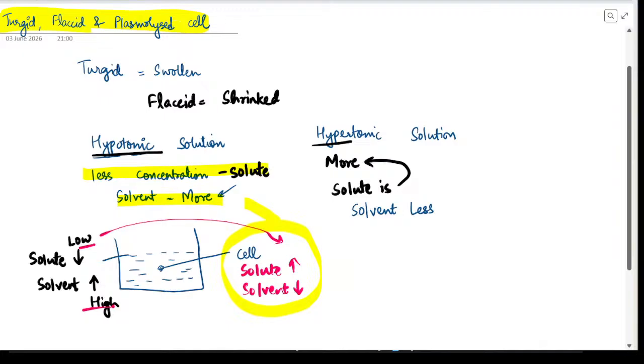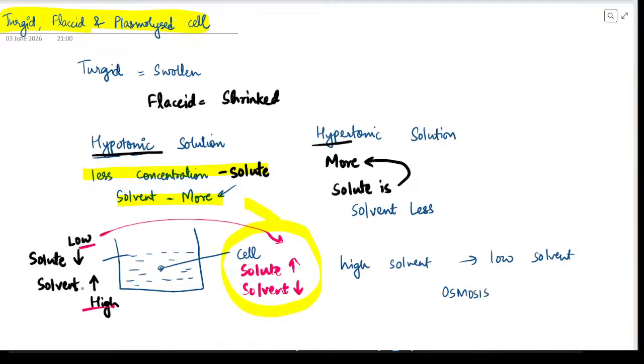Now we know that whenever we are talking about the cell, the movement always takes place from the region of high solvent to the region of low solvent. So whenever we are talking about osmosis, it is always from high solvent to low solvent. If you notice, the up arrow here means high, the down arrow here means low.